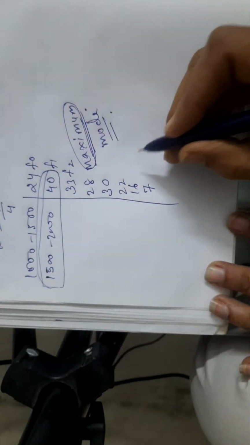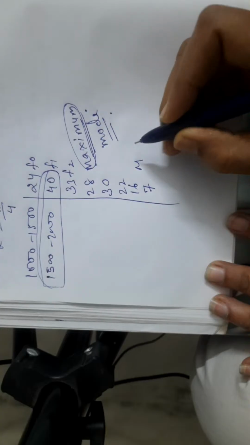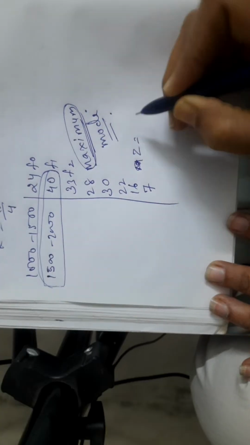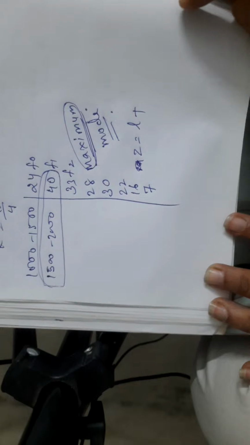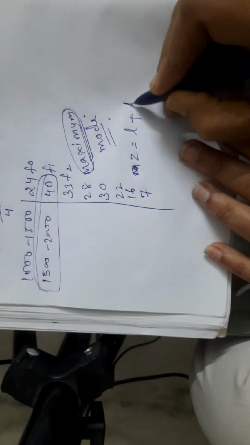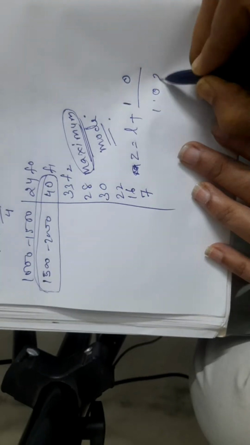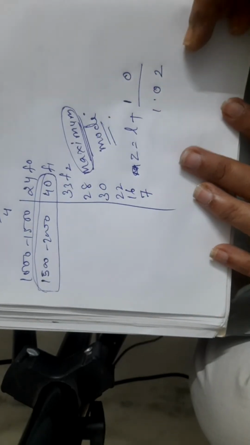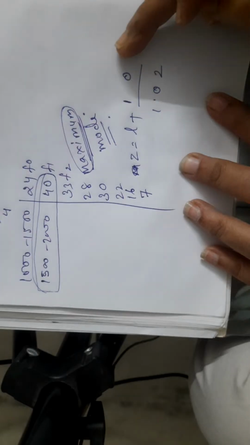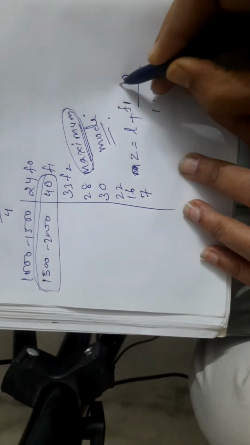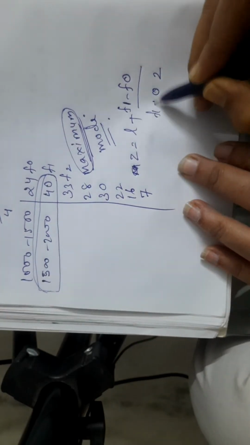Further, how to memorize the formula? Mode is equal to L plus. If you recall, I told you, you can remember easily by placing 1 0 upon 1 0 2. If you remember in this way, it will be easy to remember the formula. 1 0 upon 1 0 2. Now put F in front of that.